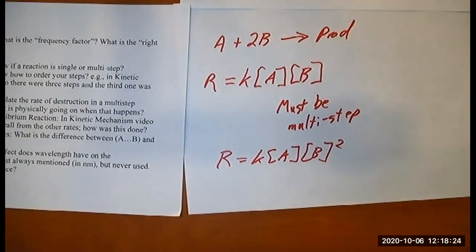If you are given a proposed reaction mechanism, then by definition, each of the steps in that mechanism is understood to be an elementary step, because that's what we mean by a mechanism. We are listing elementary steps. So those are the contexts in which you would be able to determine if a reaction is single or multi-step. Clarifications on that?